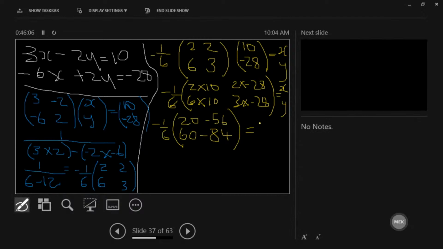All right, so let's see what this gives. So negative 1/6. 20 minus 56, that's negative 36. And 60 minus 84 is negative 24.